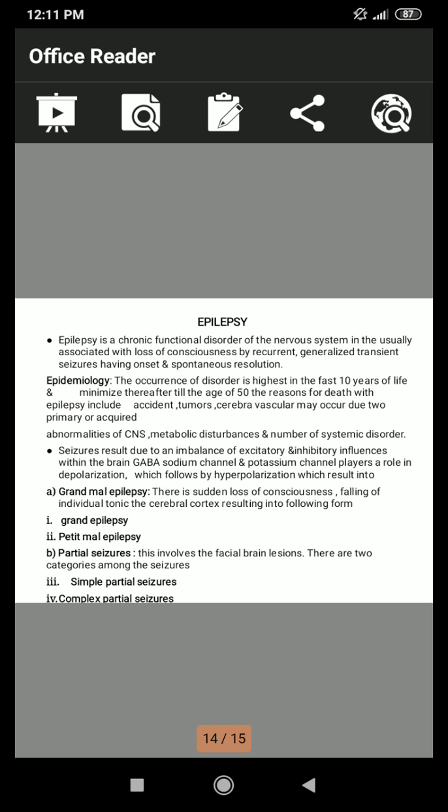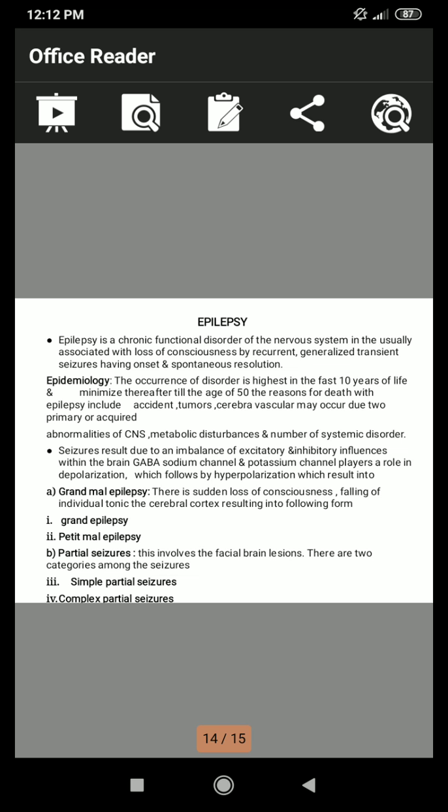Epilepsy is a chronic functional disorder of the nervous system, usually associated with loss of consciousness by recurrent generalized transient seizures having onset and spontaneous resolution. In epilepsy, epidemiology means the occurrence of the disorder is highest in the first 10 years of life and minimal thereafter till the age of 50.